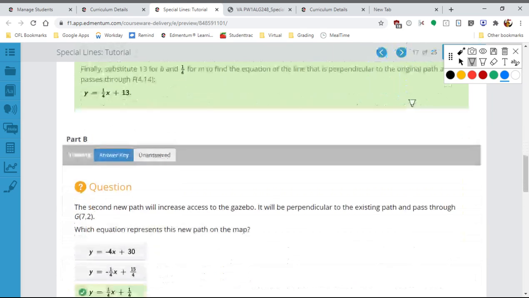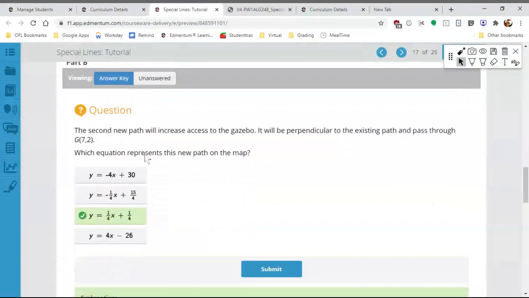All right, so moving on, now we're going to be looking at this equation. I know you guys see this equation here, but again, I want you guys to be able to solve it on your own, not just get these answers. So what we're doing here is we want to make a perpendicular line with the gazebo.